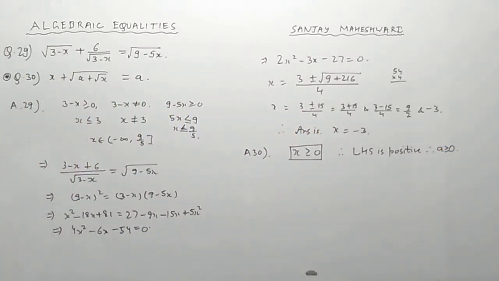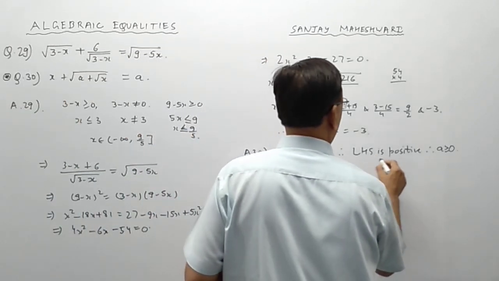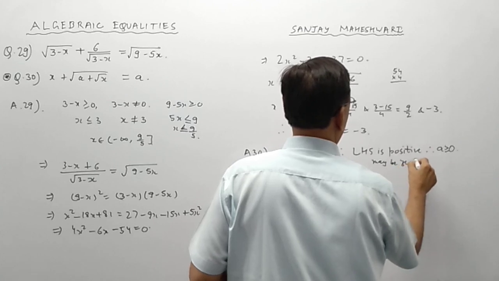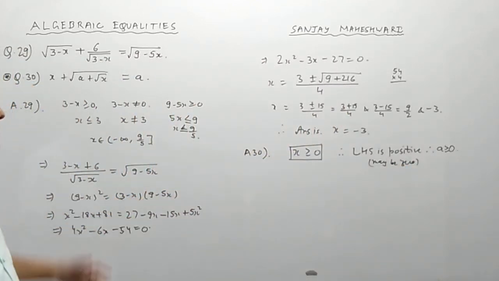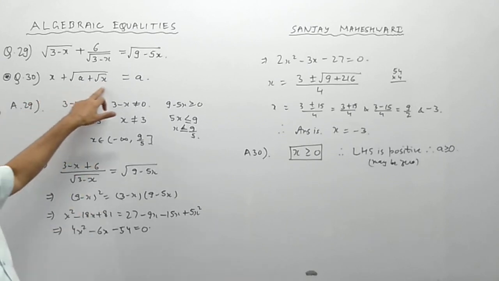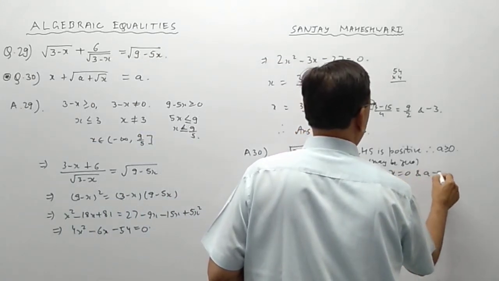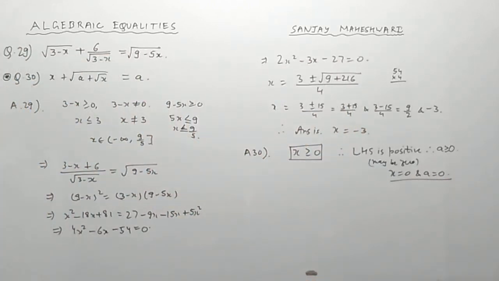The left hand side is most probably positive or it may be 0. What is the condition? The left hand side will be 0 if each of the terms is equal to 0, that is x equal to 0 and a equal to 0. So this is one of the solutions.